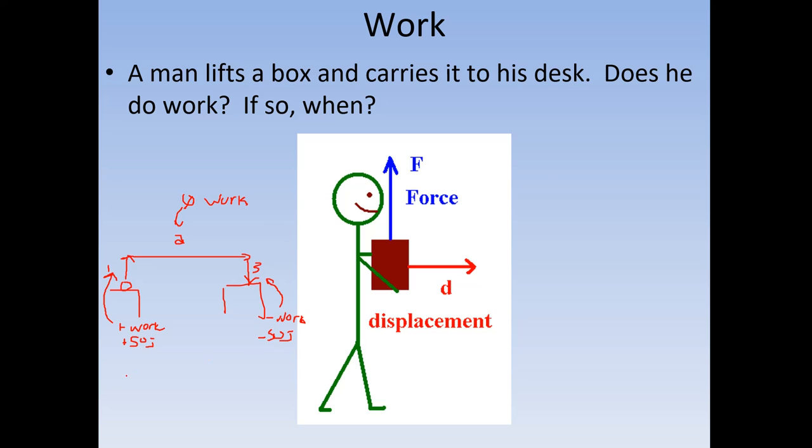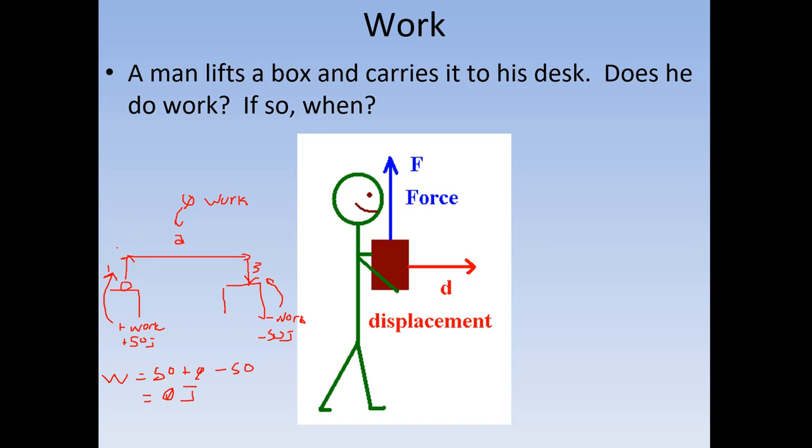So the total work would actually be 50 plus 0 minus 50, which means 0. So if you pull an object up, move it to the side, and put it down, in the end, you actually do a total of 0 joules of work.